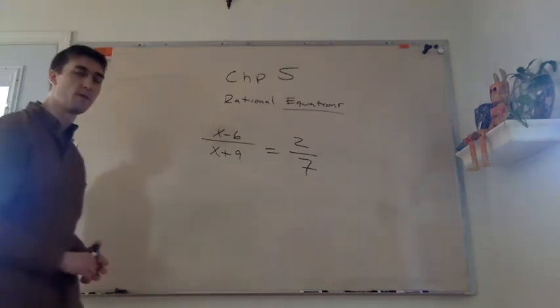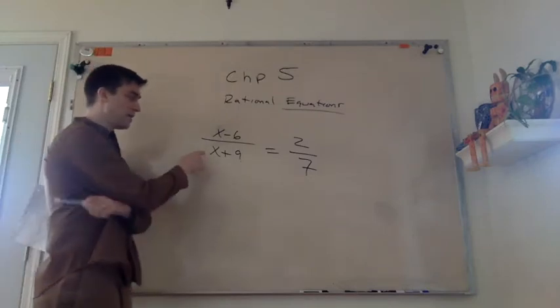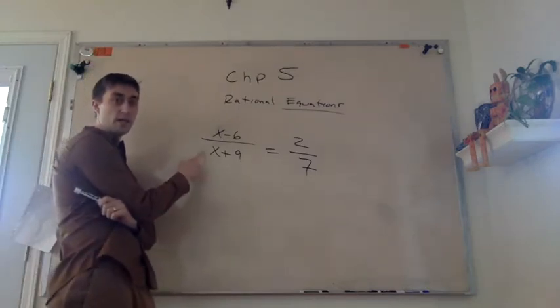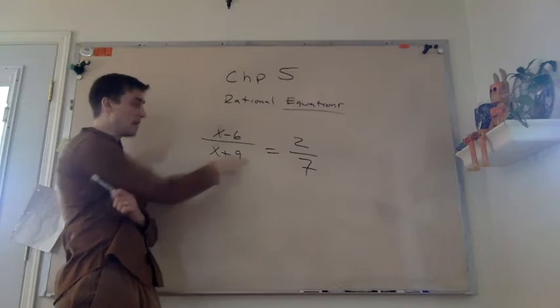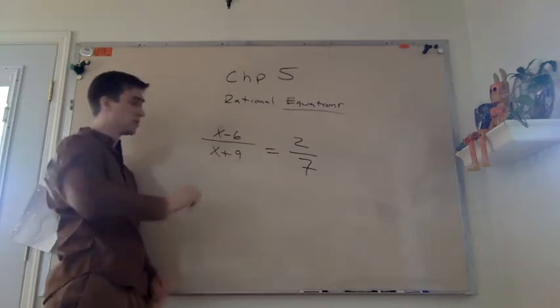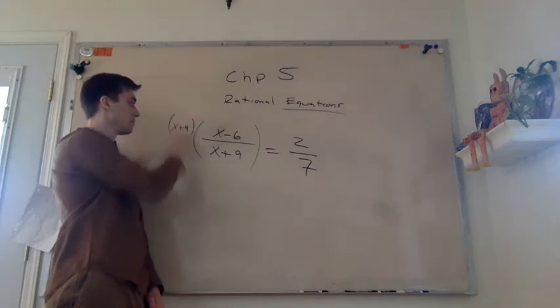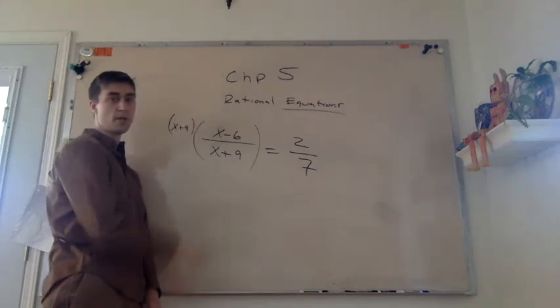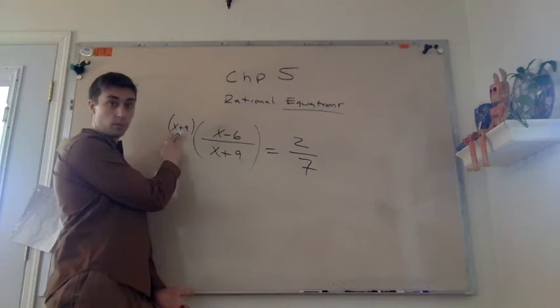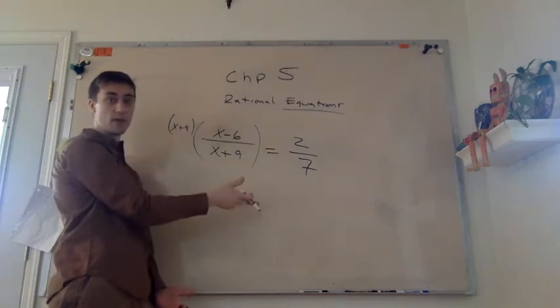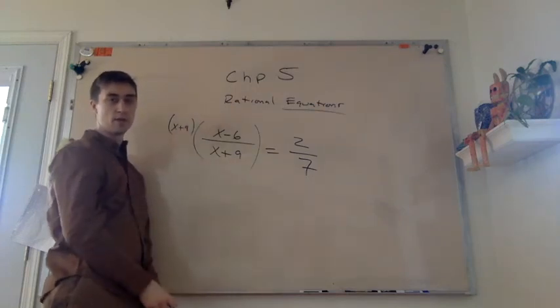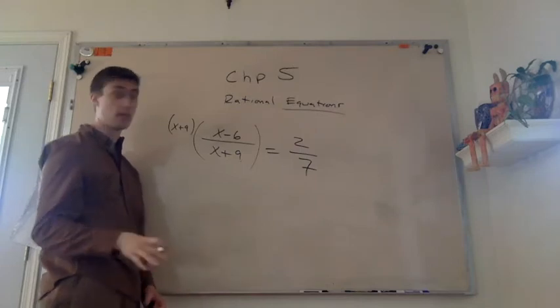Let me slow this really far down to show you. I can definitely clear this fraction because I can definitely multiply this by what's in the denominator. So I'm just going to multiply this by x plus 9. If you multiply something by x plus 9, you have to multiply everything by x plus 9. That's just how you deal with equations. If you do something to one thing, you have to do it to everything.